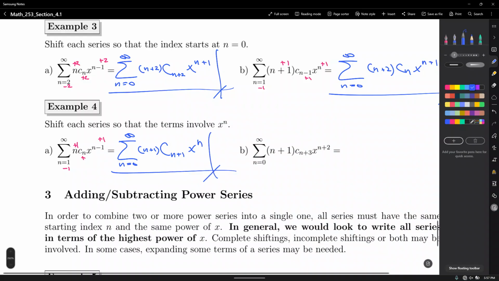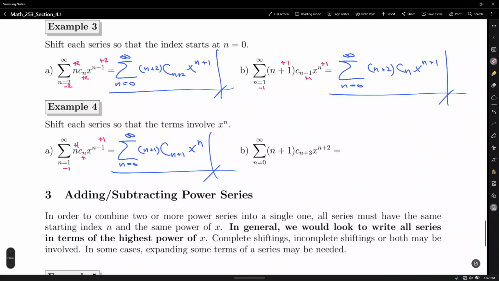What about letter B? What do we do with the power x to the n plus 2? Subtract 2, but we don't just subtract 2 to the x to the n minus 2. We need to subtract 2 from every instance of n in the general rule and do the opposite in the starting index. So subtract 2, subtract 2, and we add 2 here.